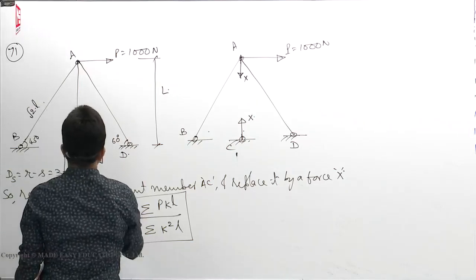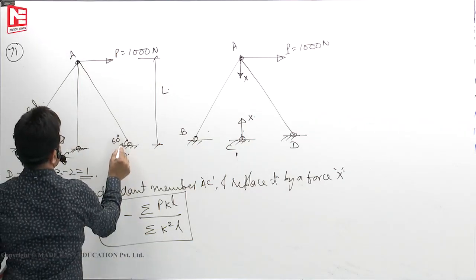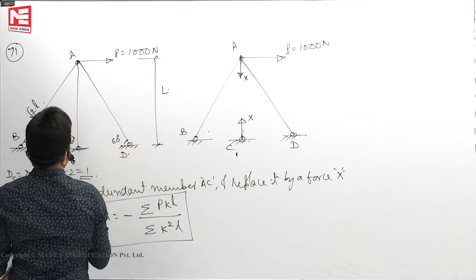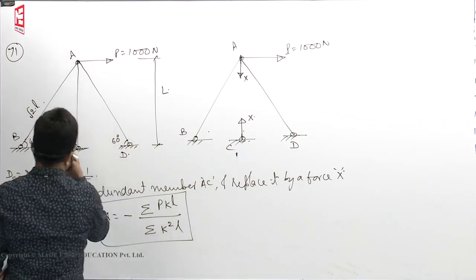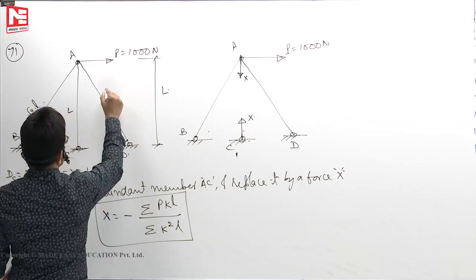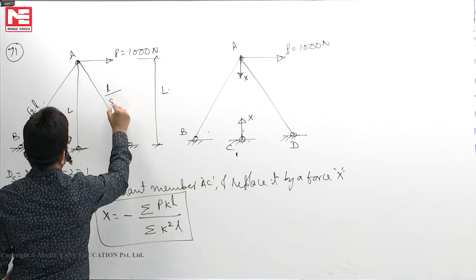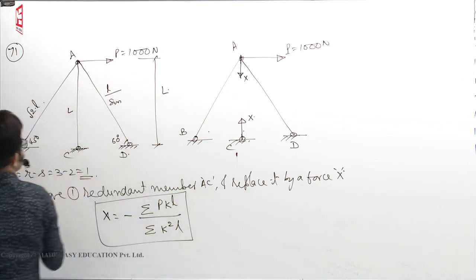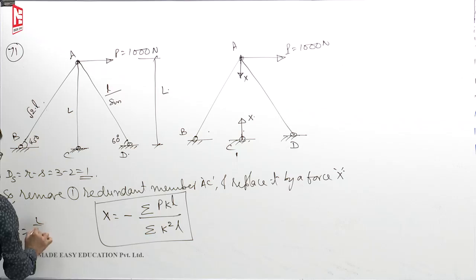This is 60 degrees, means sine 60. This is L by this one. So L by sine 60. This X is equal to L by sine 60.